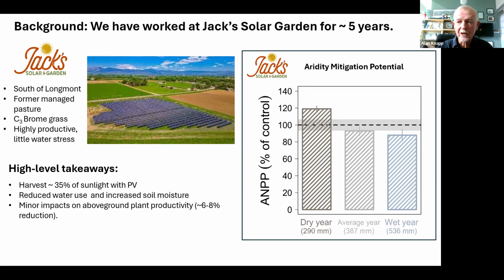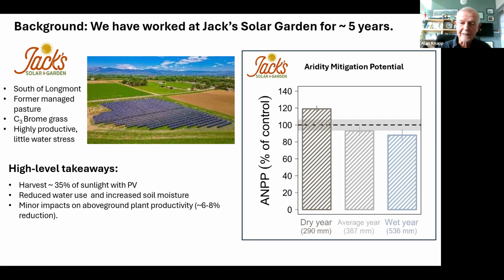What's more exciting to us, though, is what happens during dry years. What we've learned is that these arrays can essentially serve as a way of mitigating aridity in this part of the world. In this particular graph here, ANPP is just grass growth, forage production.